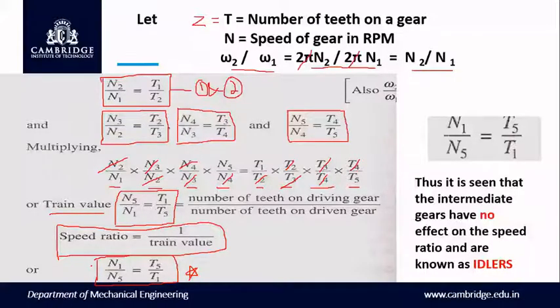Or else, if you know the number of teeth on the driven gear and on the driving gear, that's enough to find the velocity ratio. Hence, the conclusion is that the intermediate gears have no effect on speed ratio and are also known as idler gears.